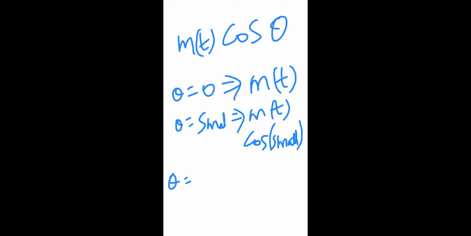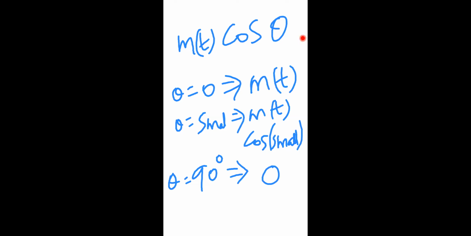In the worst case, if theta is a 90 degree phase offset, then you will get 0 instead of m of t. You will not be able to recover your message signal. So what is the observation? Synchronization is very important, not only in frequency but also in phase.